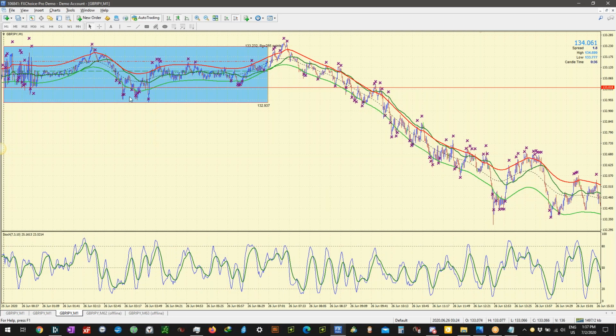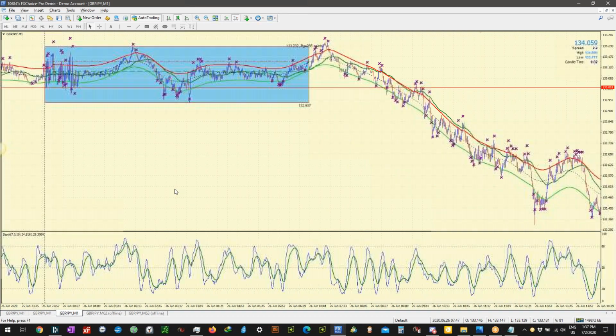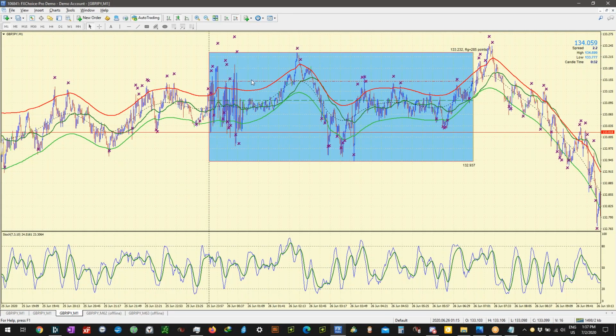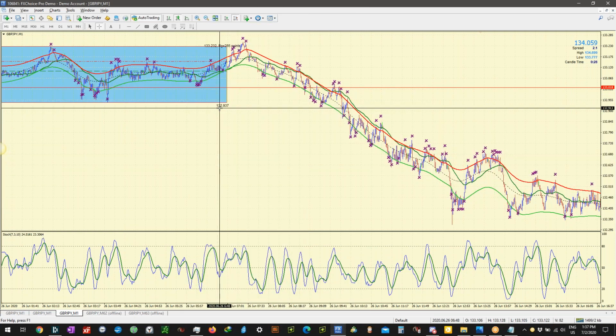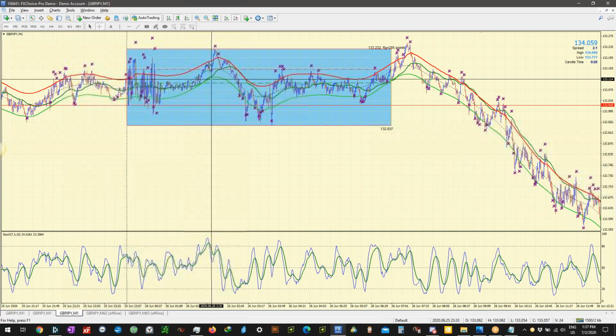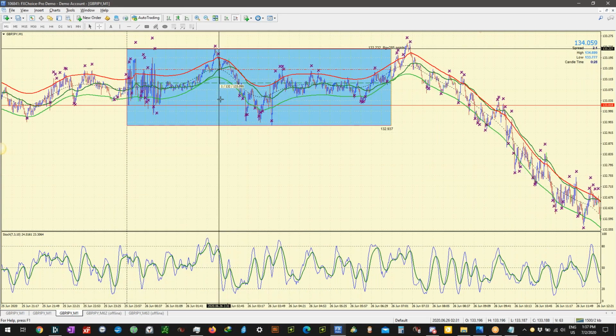A lot of money there. This is the London session. So there's a lot of activity here, and there's a lot you can do. And this range right now is, oh no, that's the price. It's 28 pips. That's the range.